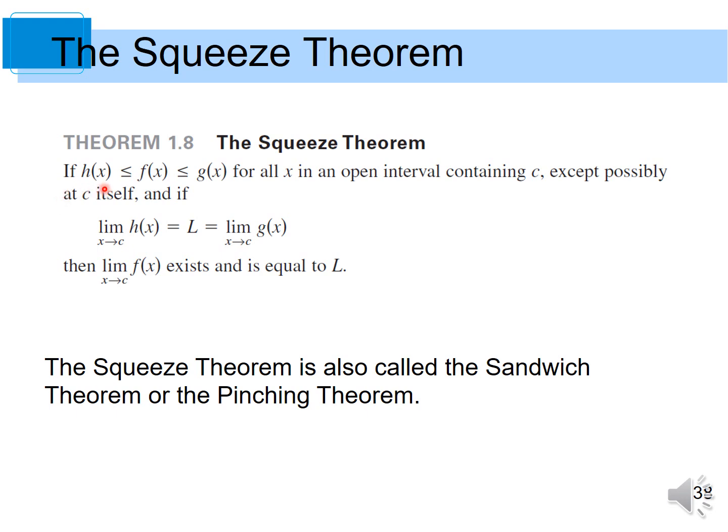If h(x) is less than or equal to f(x), which is less than or equal to g(x), for all x in an open interval containing c, except possibly at c itself, and if the limit of h(x) as x tends to c is L, and the same for the limit of g(x) as x tends to c, then we can conclude the limit of f(x) as x tends to c exists and is equal to L. The Squeeze theorem is also called the sandwich theorem or the pinching theorem.